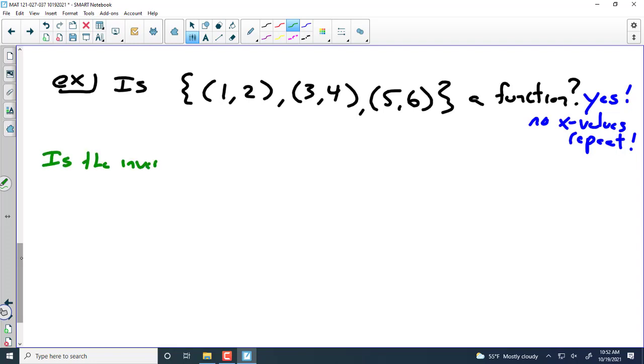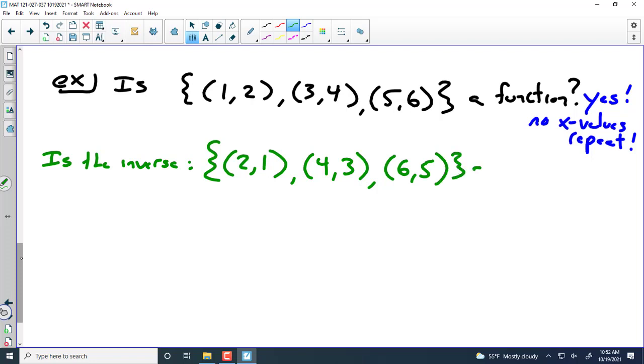Is the inverse, which is 2, 1, 4, 3, 6, 5, also a function? Is the inverse also a function? Yes.